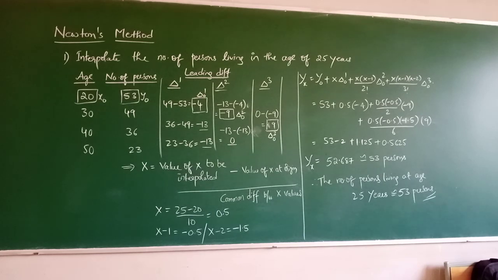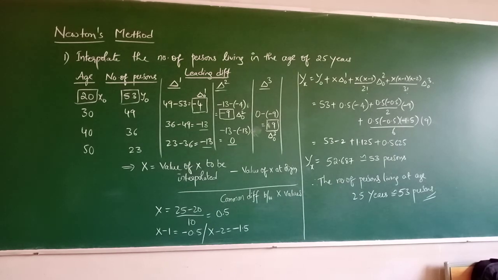And the second important point: in the binomial expansion, the missing value of dependent variable y must be one of the values of independent variable x. Clear? But in Newton's method it is not mandatory.